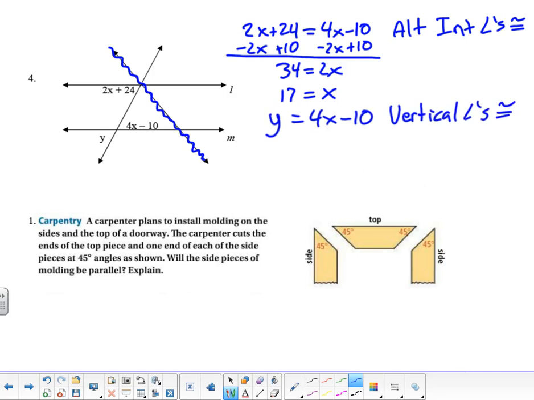All right, and then y is going to equal 4x minus 10 because those are vertical angles which are congruent. Okay, well, we know what x is. That's 17 here. So we have 4 times 17. 4 times 17 is 68. 68 minus 10, y would be 58.